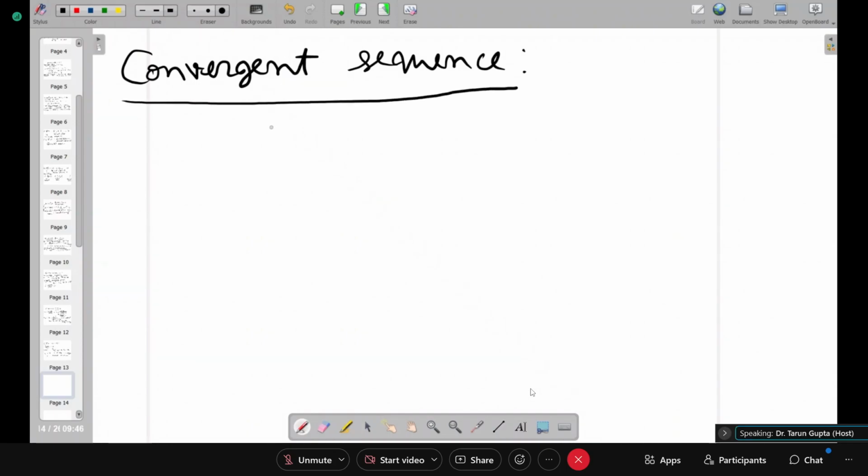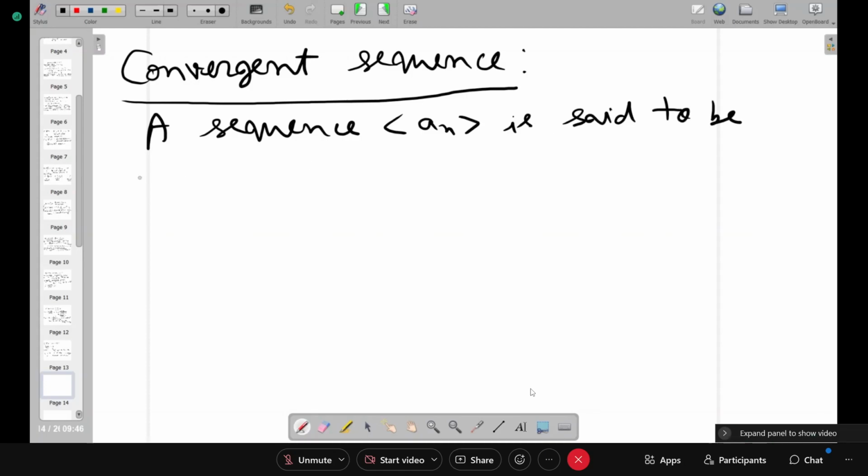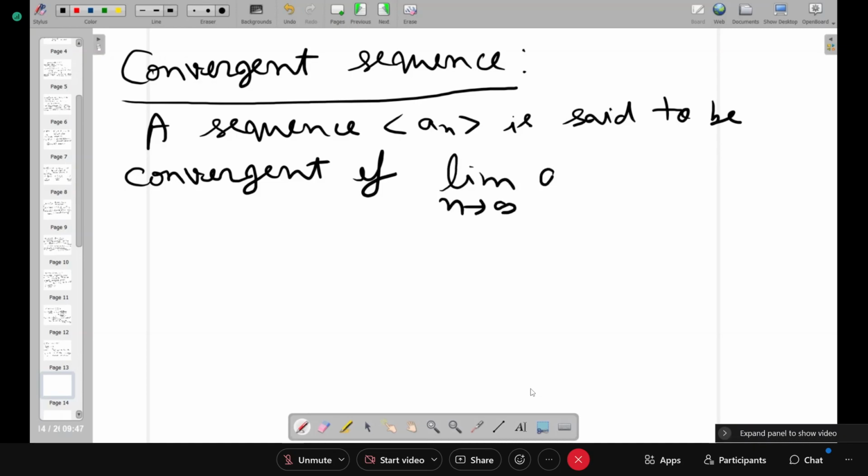Convergent sequence definition: a sequence an is said to be convergent if the limit as n tends to infinity of an is finite and unique.